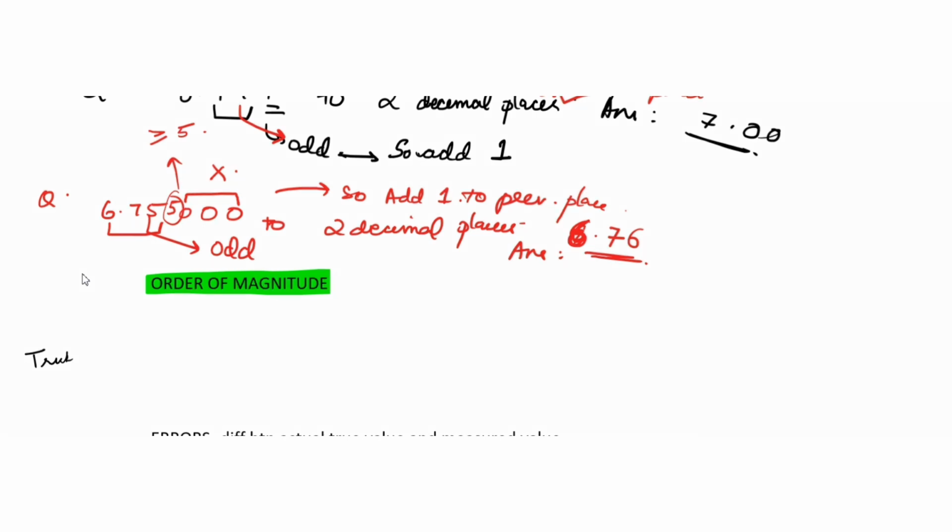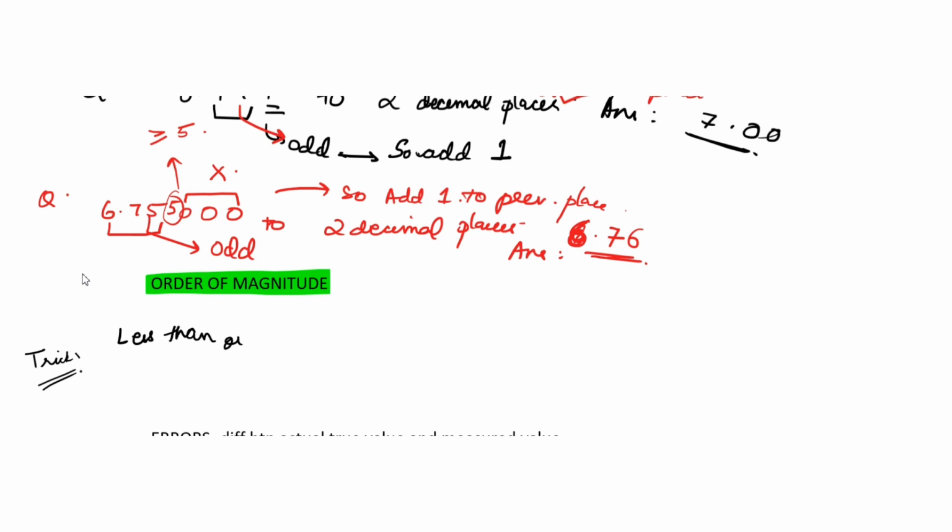We know that 10 power 17 is not the exact value, right? So for large distances, the order of magnitude, and for very small distances also, the order of magnitude becomes important.